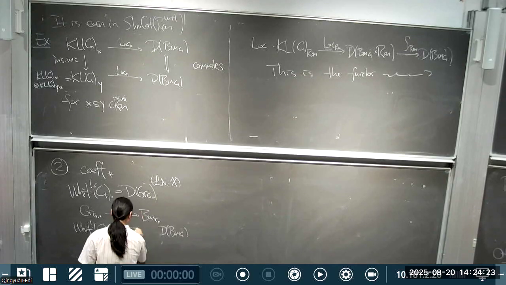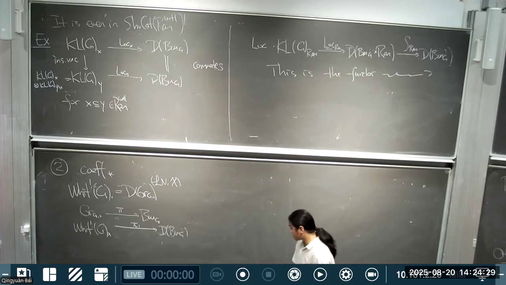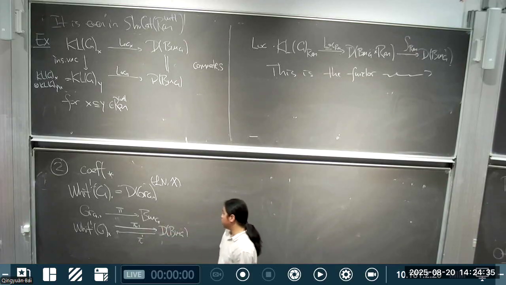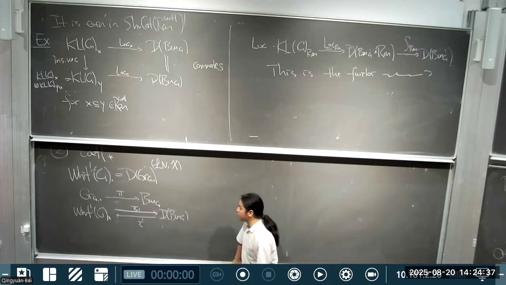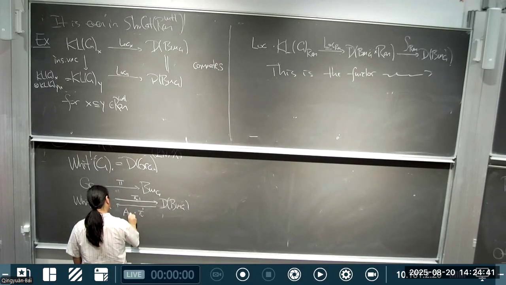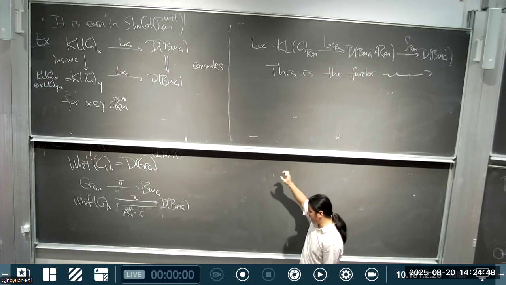And the left adjoint is just given by pi lower shriek. But you need to justify this functor is well defined. And the right adjoint is given by: you first shriek pull back to get something on G, and then you do averaging against this Whittaker condition to get something inside this Whittaker category.